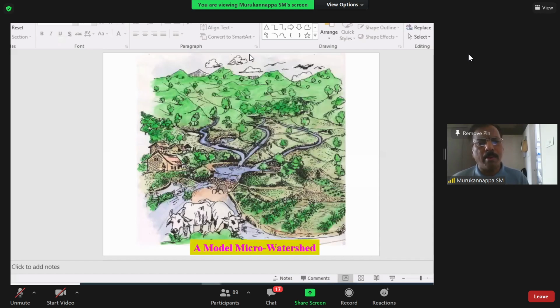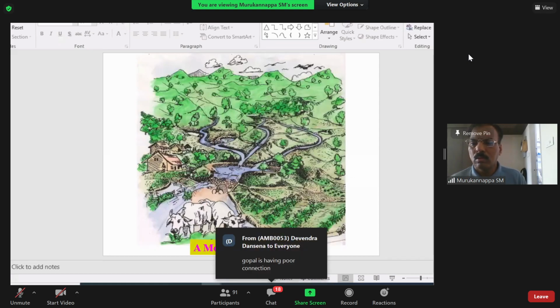Gopal, where is that Gopal? Gopal here? Sir, he is having poor Gopal? connection, sir. Sir, poor connection. Gopal is absent, no? Hello? Absent for today? Others?